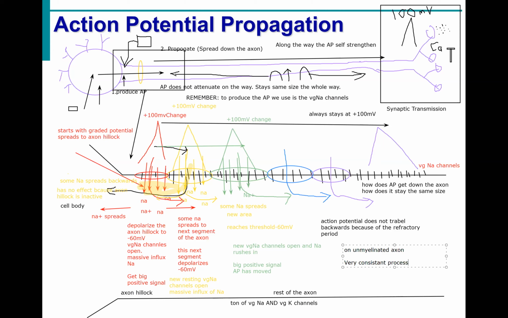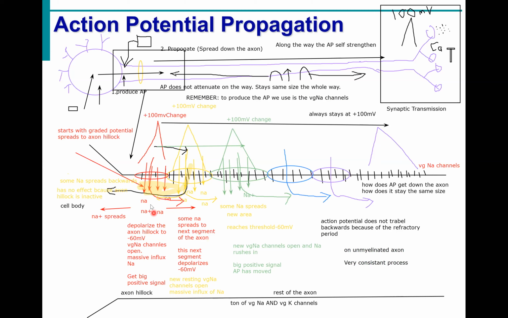But that doesn't mean that's what you want to use to have a conversation with grandma. Because while it is a very consistent process, if you think about it, it takes a lot of time. We have to have that graded potential that spreads to open voltage gated sodium channels, have the sodium rush in, some of it spreads down to open more channels to allow sodium to come in, to spread down, to reach threshold, to open more sodium channels, to allow more sodium to come in, and again and again and again.